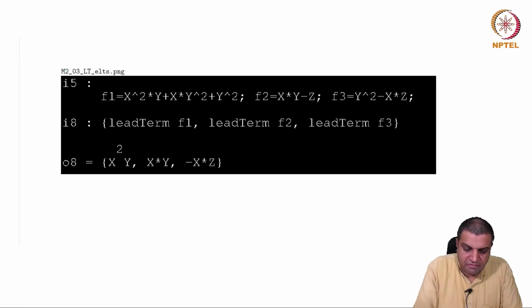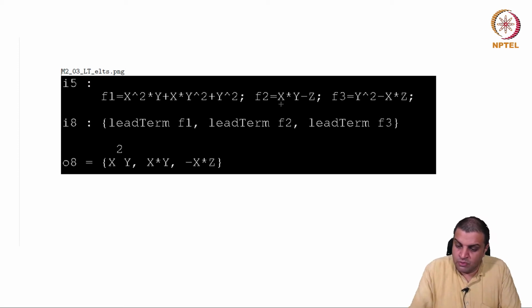So here f1, there are three terms, x squared y, x y squared and y squared. So if you compare, these two are degree 3 polynomials. This is a quadratic polynomial, so the leading term is going to be one of these things. Here is x squared y and this is xy squared, and they are the same degree, so we just use lex to compare, we would just get x squared y.